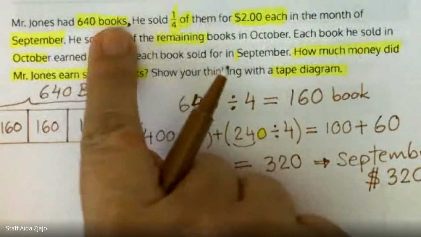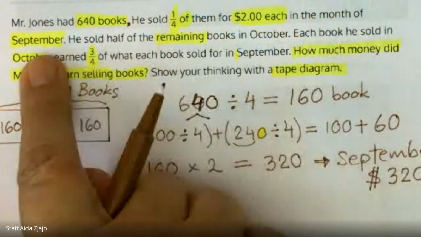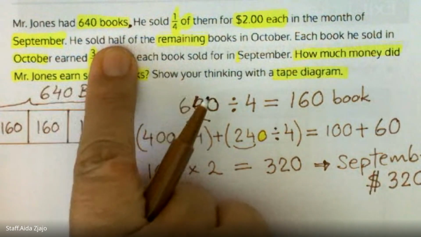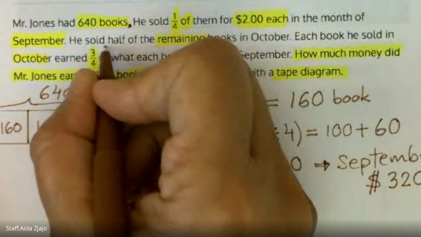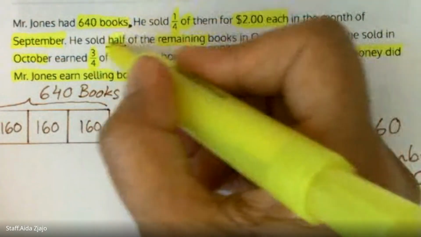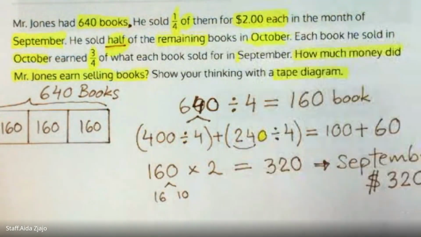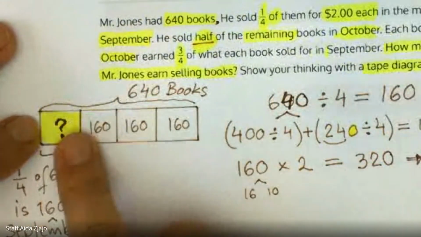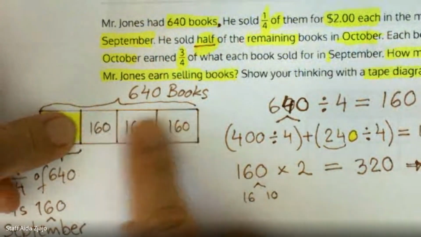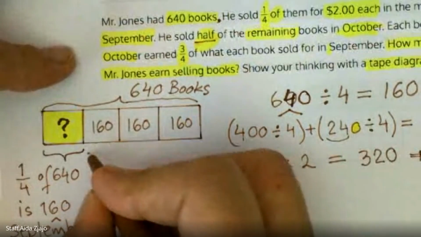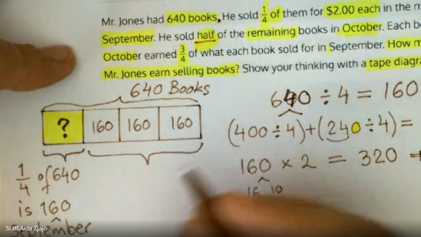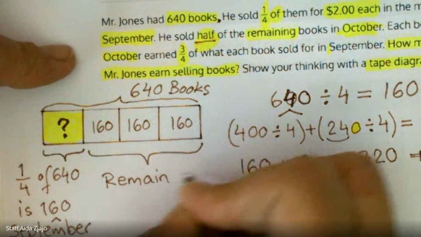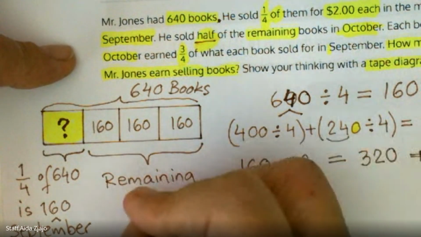We did sentence 1, sentence 2, and now there is another piece of information. He sold half of the remaining books in October. If he sold this part in September, this is the remaining part. Let me label that: remaining books.